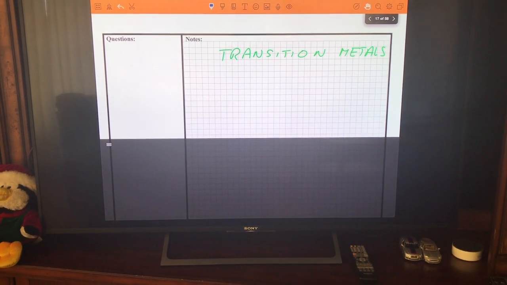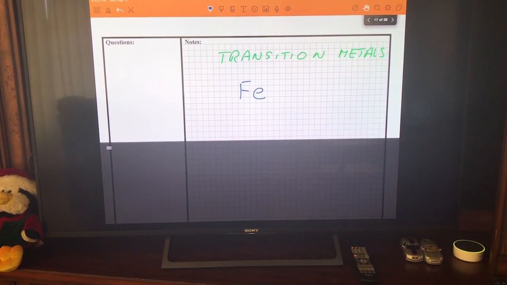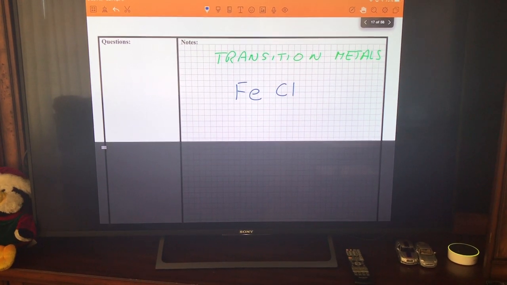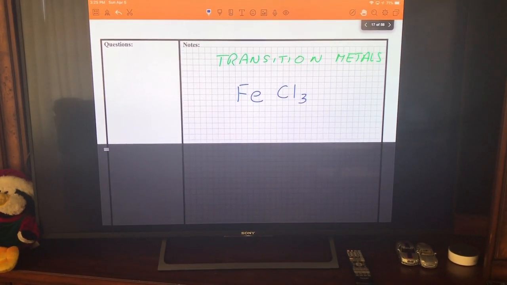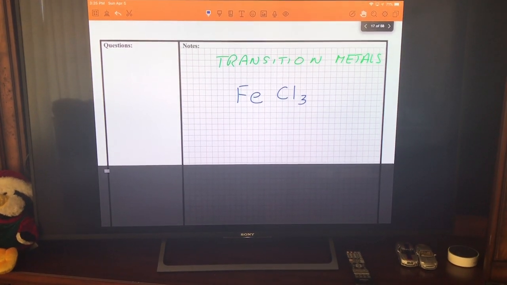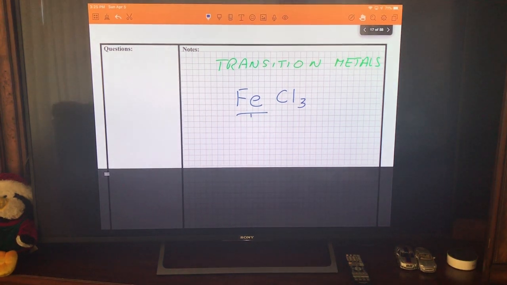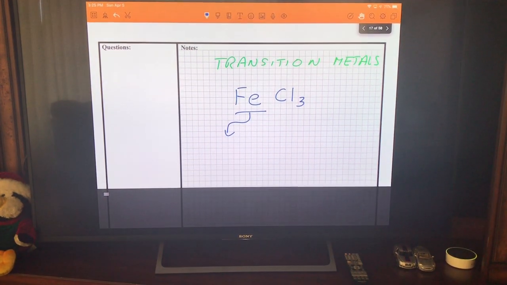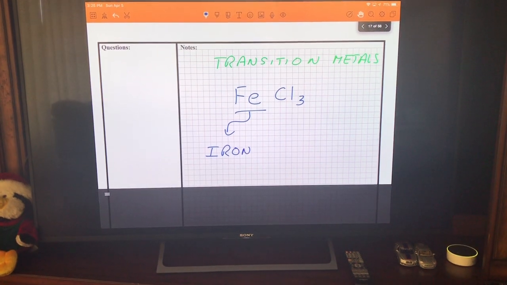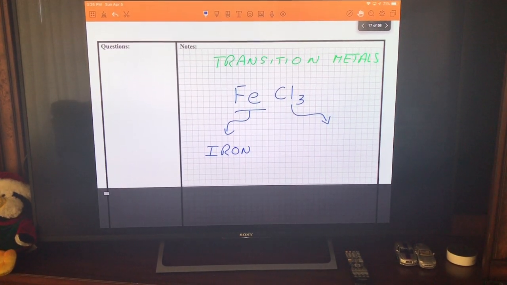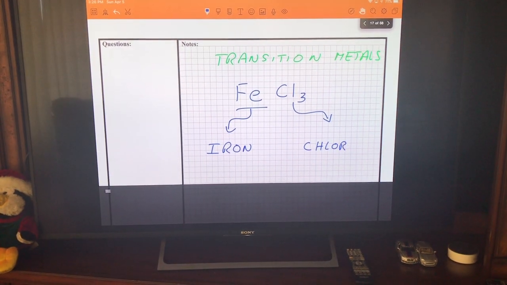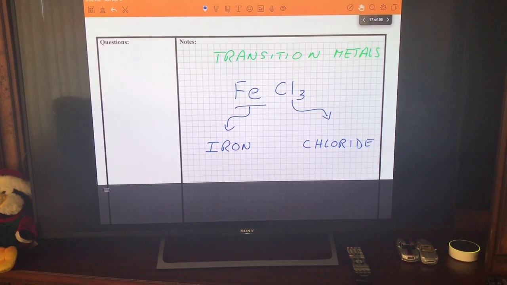And we'll pick one this time, perhaps iron and chlorine. Then we'll make sure that there are 3 chlorines. So what we need to be able to do when we name this is we're going to start out, just as we always do, with the element name first, which is iron. And then second will be the other element name with the IDE on the end of it, so chloride.